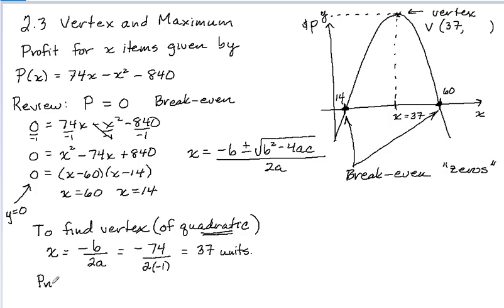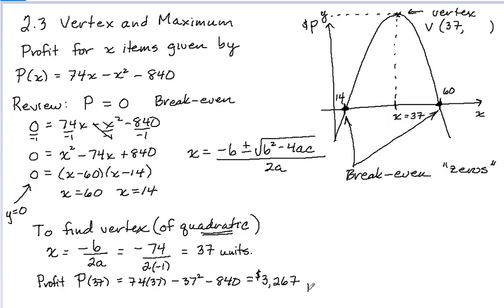Well, to find the profit value, I need P. So I'll take this 37, which gives the maximum value, and plug it back into my original profit function. So profit, plug in 37. 74 times 37, take away 37 squared, minus 840, and if you add that all up, you'll get 3,267.